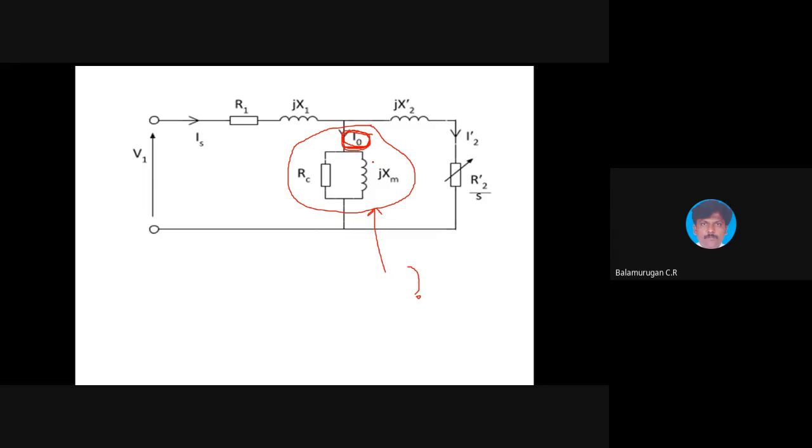So in the transformer we have those test names, but the same procedure and the same equivalent circuit. If it is a transformer, we call it an OC test and an SC test. In the induction motor, we call this a no load test and here a blocked rotor test.